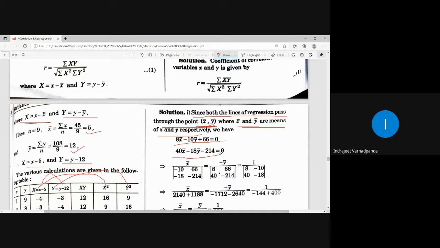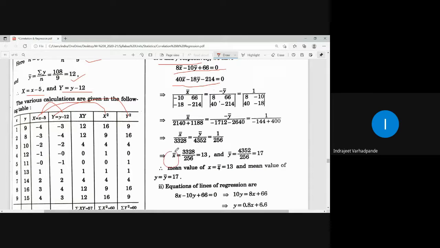Solving these two equations simultaneously on the calculator by putting the coefficients of x, y and constant respectively, the calculator will give you the value of x, which will be our x bar, and the value of y, which will correspondingly be our y bar, because our equation contains the notations x bar and y bar.